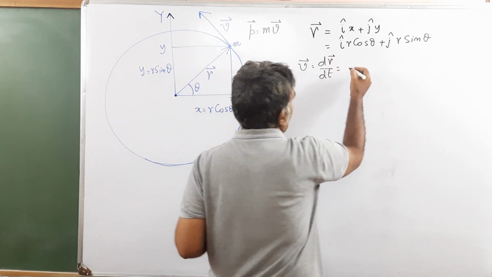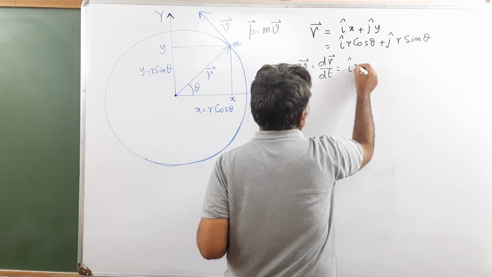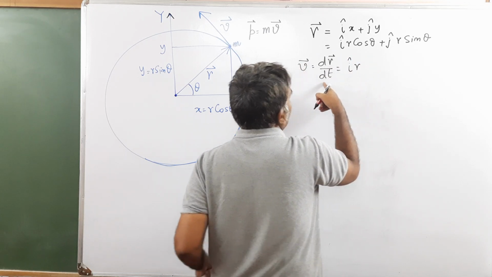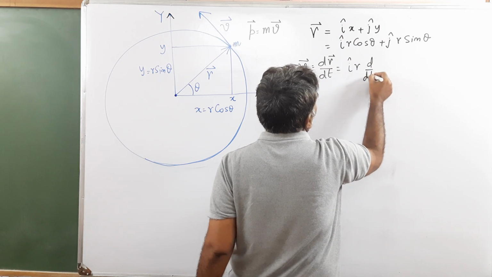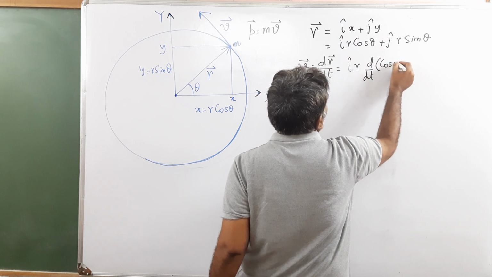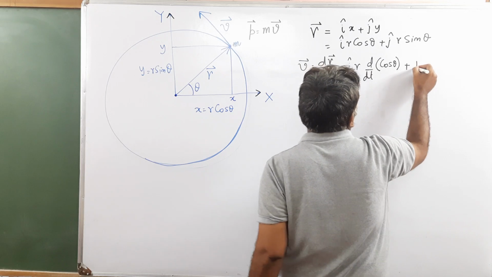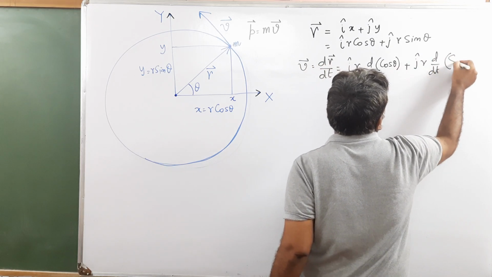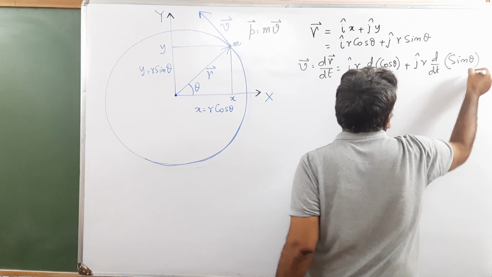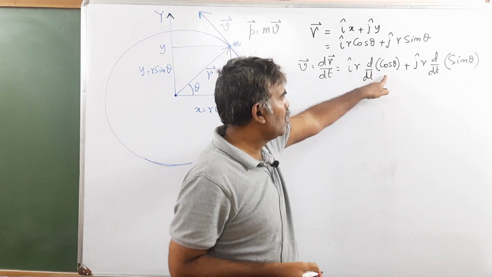So, if I differentiate, this constant will come out, then d/dt of cos theta plus j cap r d/dt of sin theta. Now, watch this. What is d/dt of cos theta?